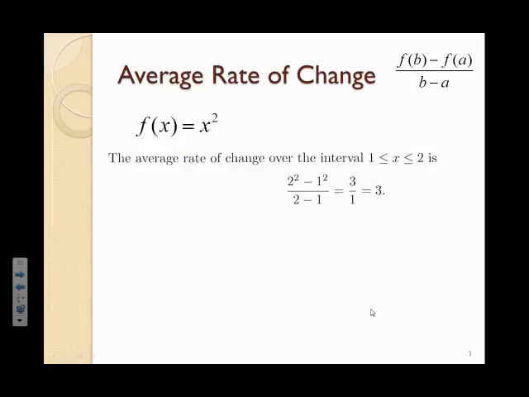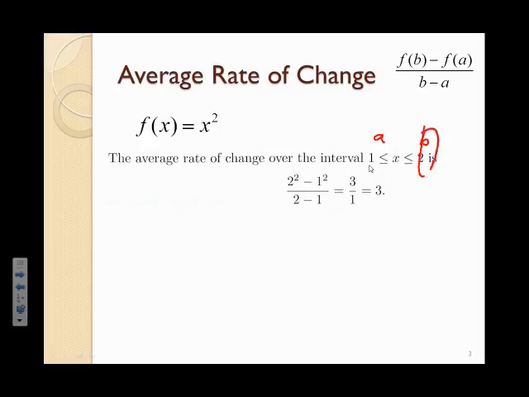Now, using the average rate of change, it's relatively simple. If we wanted to calculate the average rate of change over the interval from 1, including 1, up to 2, the average rate of change from 1 to 2, including both of those numbers, we would say that the smaller number is our a, and the larger number is our b. So we do an f of b.